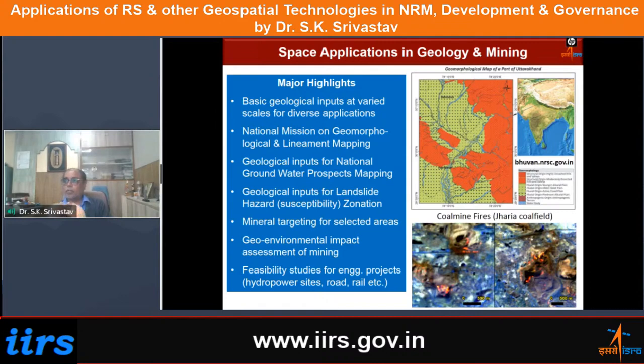Geological maps traditionally are prepared using conventional field surveys, and while doing that, even the geologists use remote sensing data sets. When I say remote sensing data sets, they used to use aerial photographs and also satellite images these days.